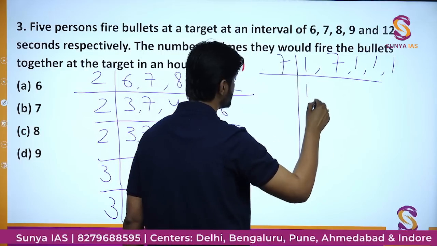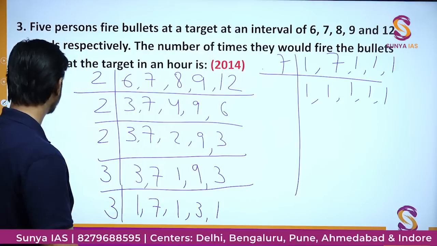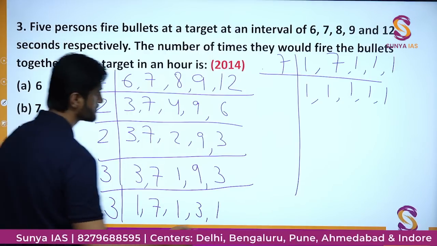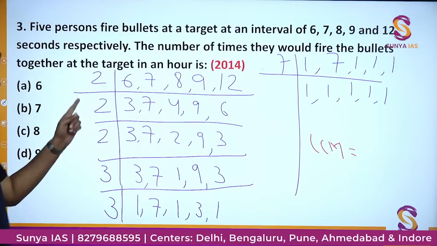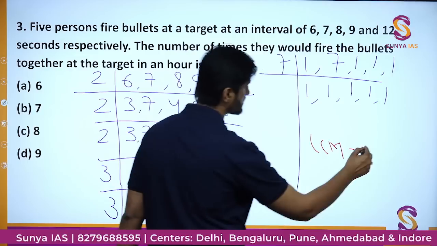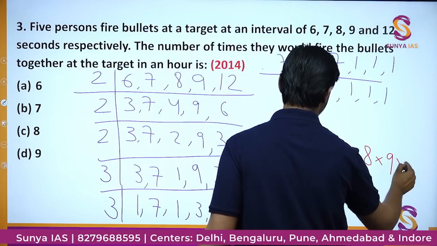And lastly with the 7. So all the digits converted to 1. The LCM is going to be nothing but 2 into 2 into 2, that is 8, multiplied by 3 into 3, that is 9 into 7.